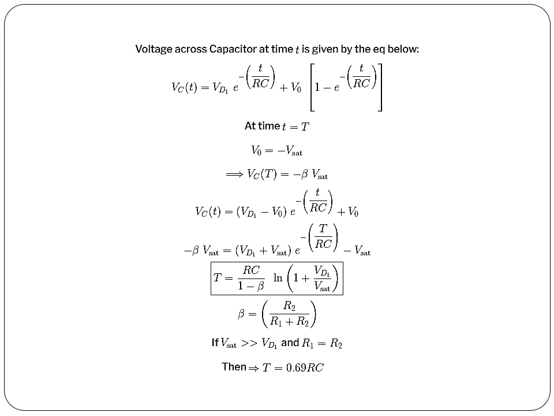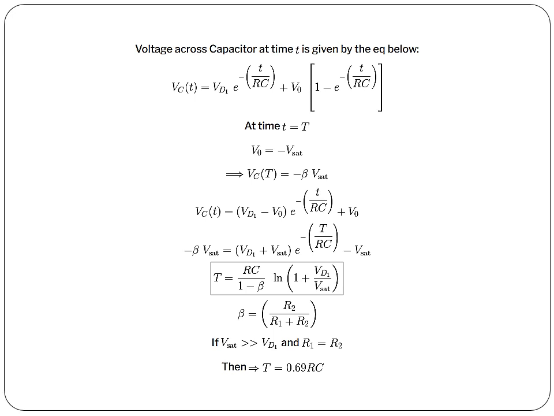Vc(t) is equal to (Vd1 minus V0) e^(-t/RC) plus V0. Minus beta saturation voltage is equal to (Vd1 plus saturation voltage) e^(-T/RC) minus saturation voltage.